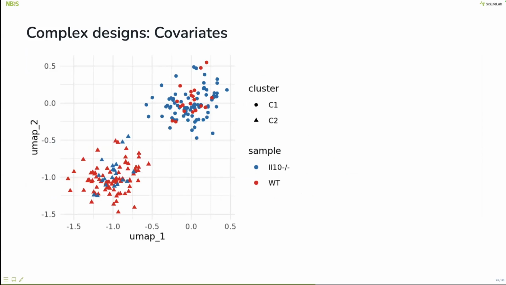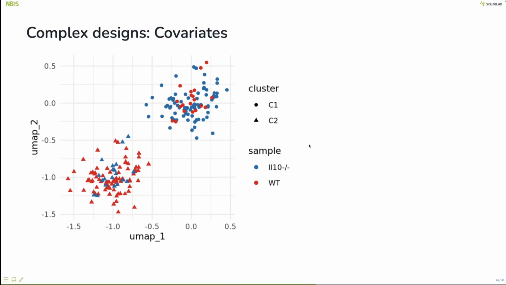And also as an example, if you have covariates, for example, if you want to compare two clusters, and in this case we have one cluster here and one cluster here, and we have two samples that these clusters came from, the IL-10 knockout and the wild type, you see that the composition of the cells in terms of clusters is very different between the samples.